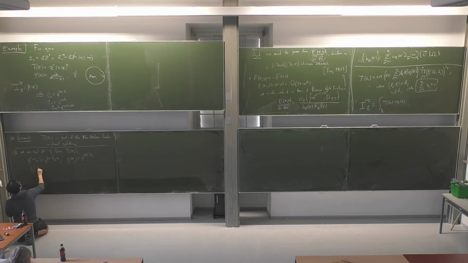And the next one is going to be e to the 2 pi i, I'm just going to call it s_1b_i, where s_1b_i is the sum over i equals 1 to g.